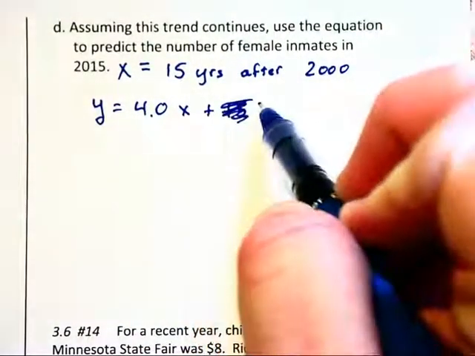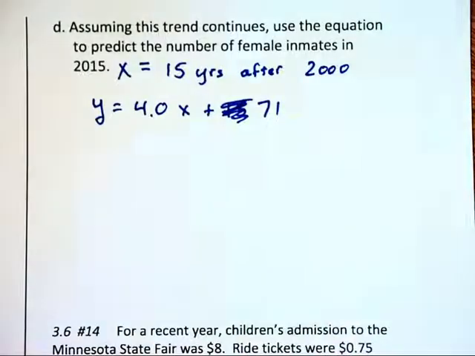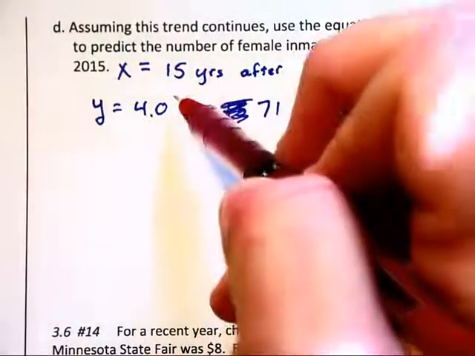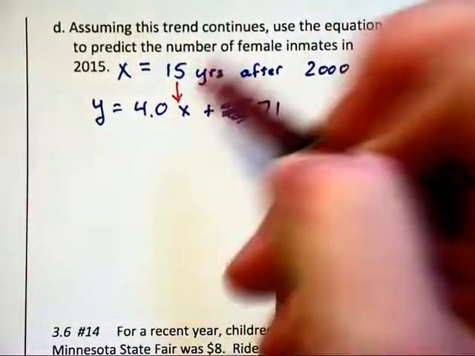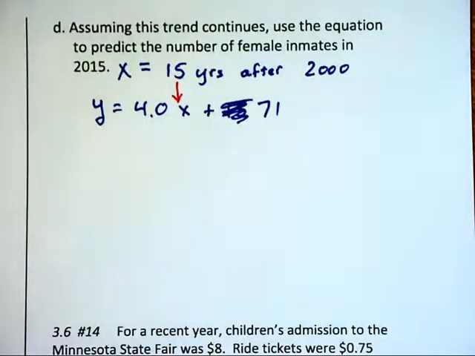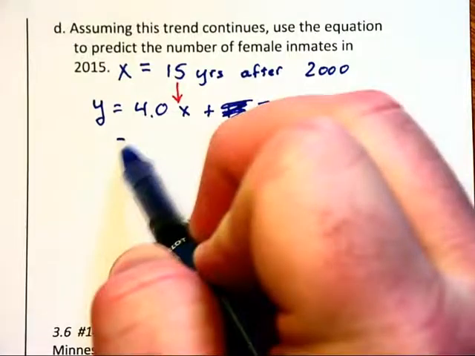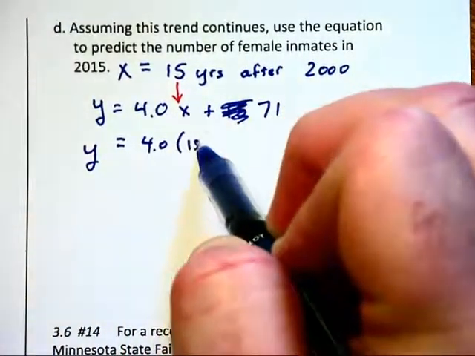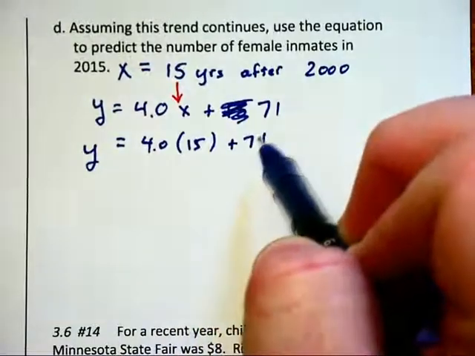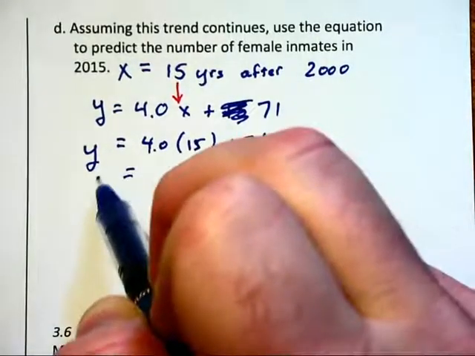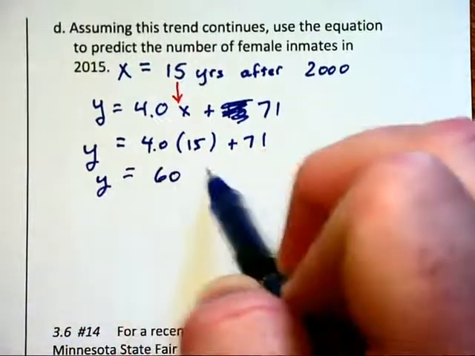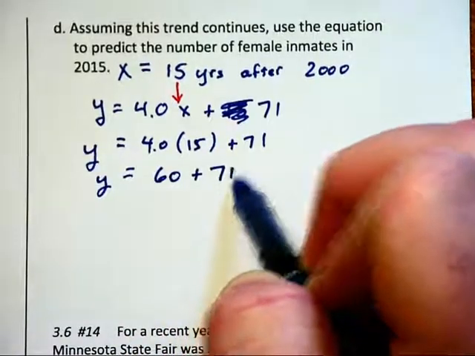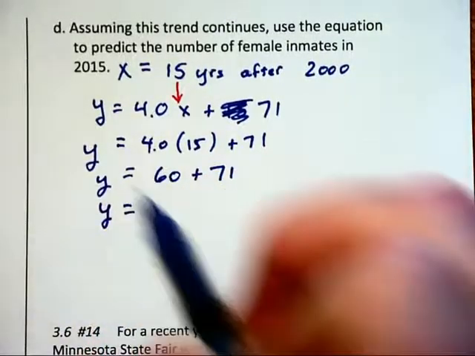My apologies, I'm not reading the equation correctly. And 15 is what's getting substituted in for the x value because we want to make this prediction for the year 2015. So we're going to have y equals 4.0 times 15 plus 71, which becomes y equals 60 plus 71, and therefore y is equal to 131.